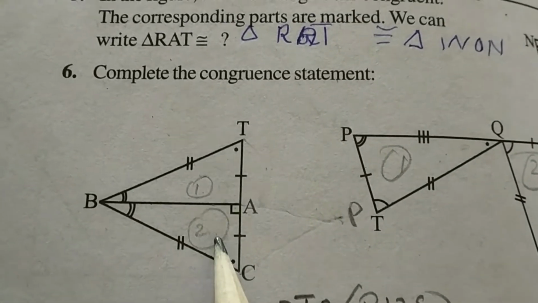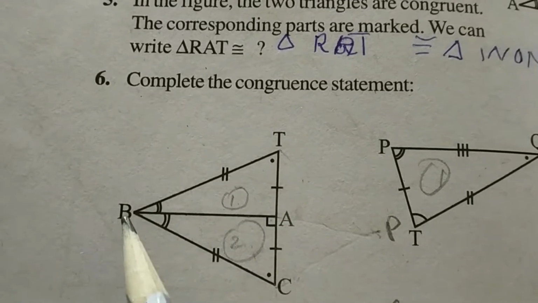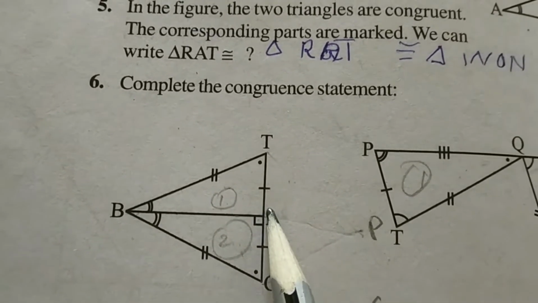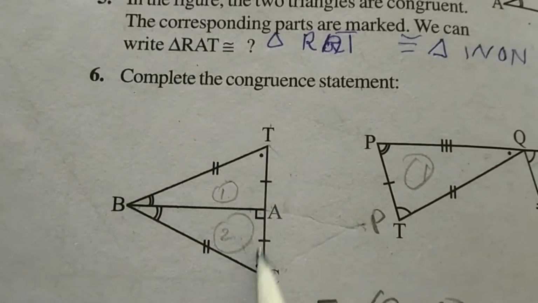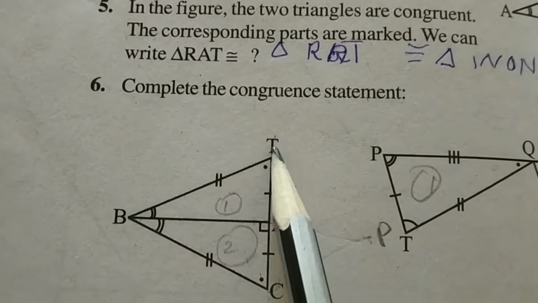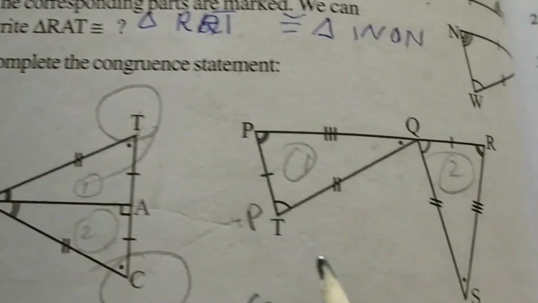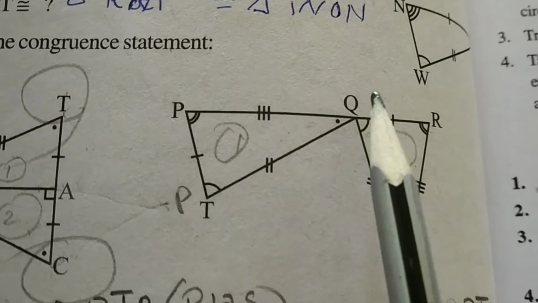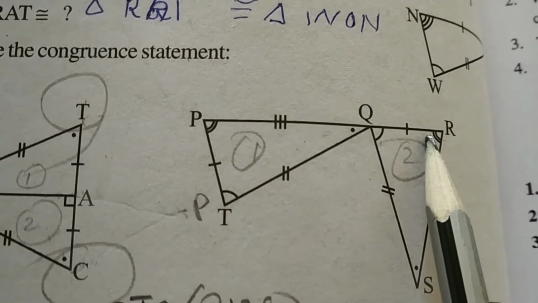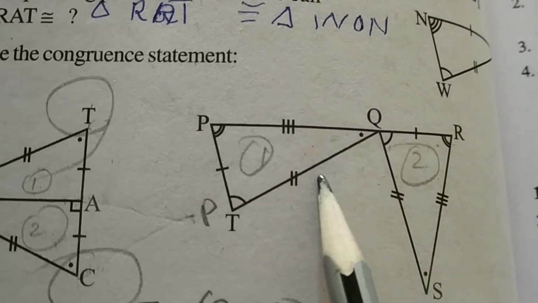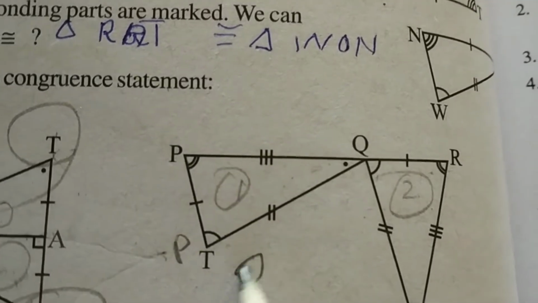Now we can consider this one, BCA. First one BCA. So we can say BTA. So we can say BCA is congruent to BTA. B is equal to T. Then next for this one, here Q, then here P, then here R, and these two sides are equal to each other. So we can say QRS.